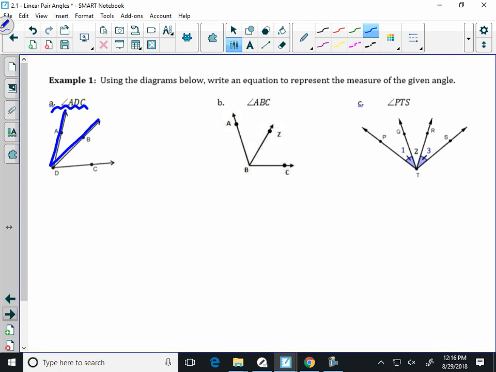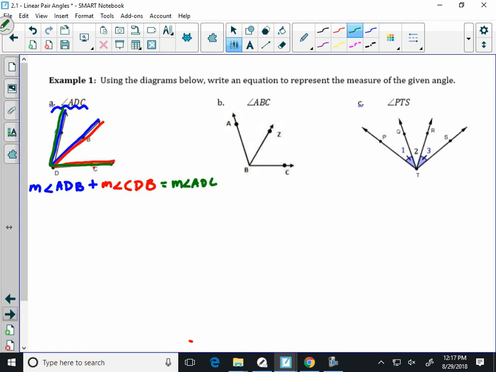So I'm going to say the measure of angle ADB plus the measure of its adjacent angle, CDB, is going to equal the measurement of the entire angle, which is ADC. That's all the angle addition postulate is: little angle plus little angle equals the big angle. That's all it's saying.